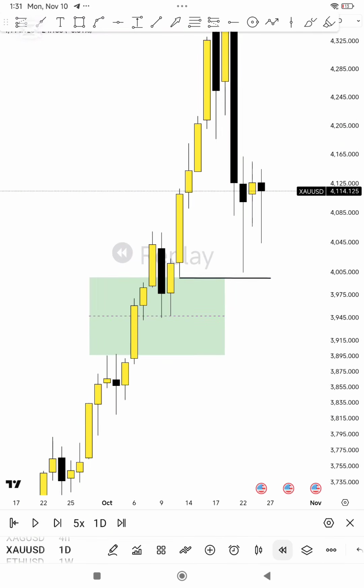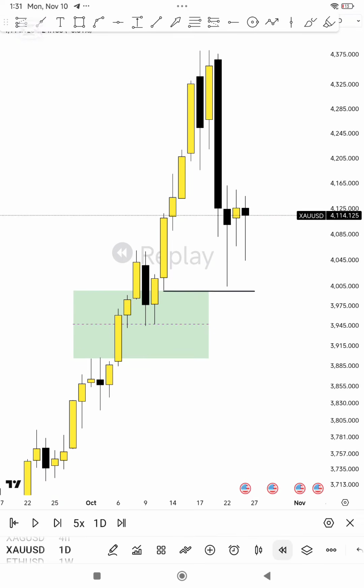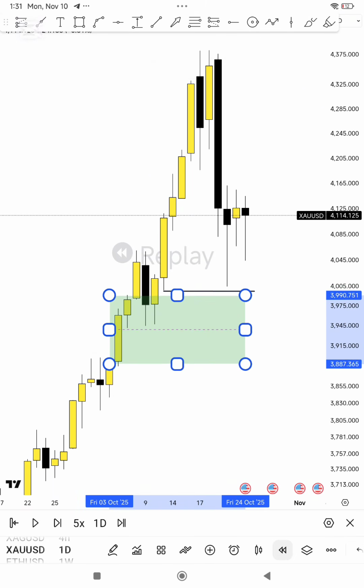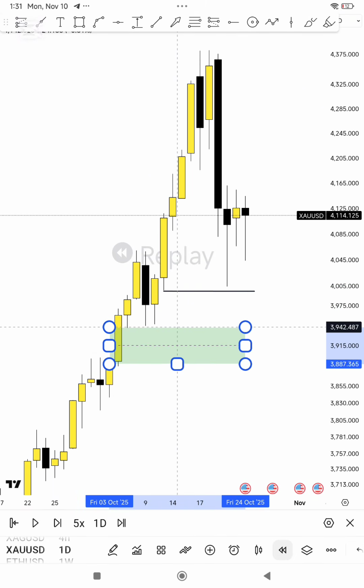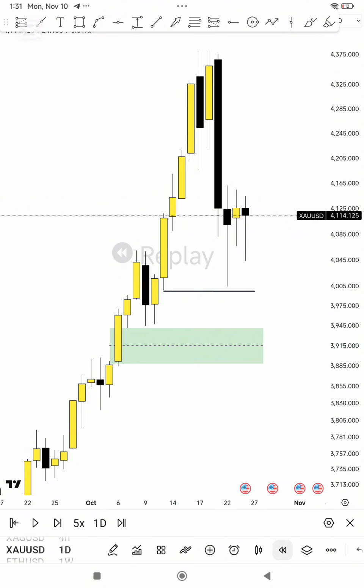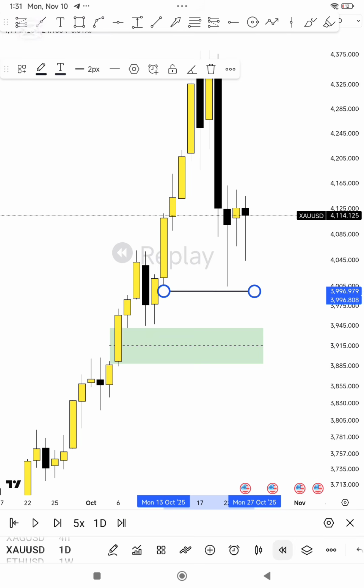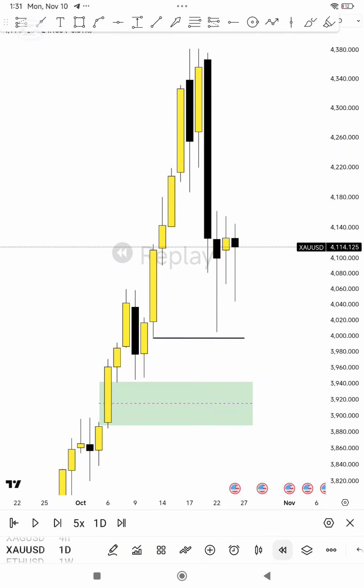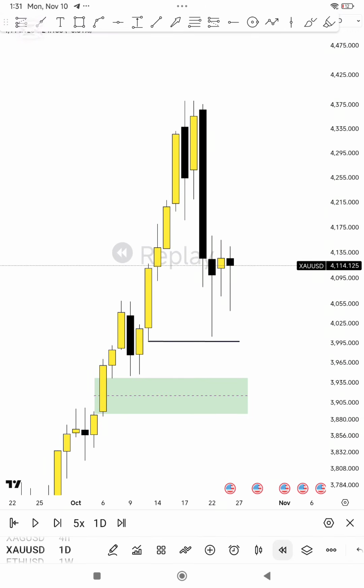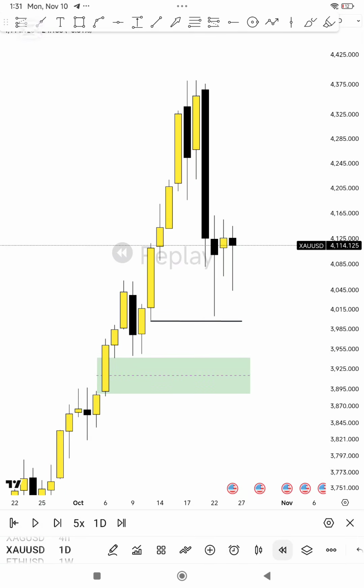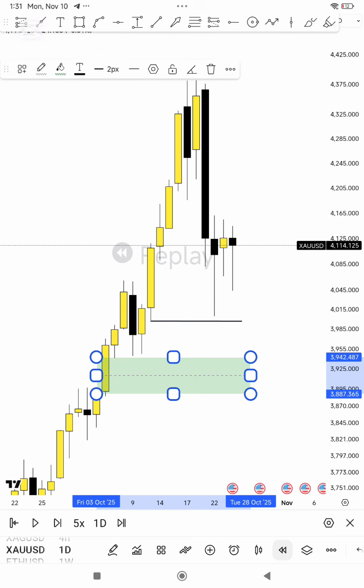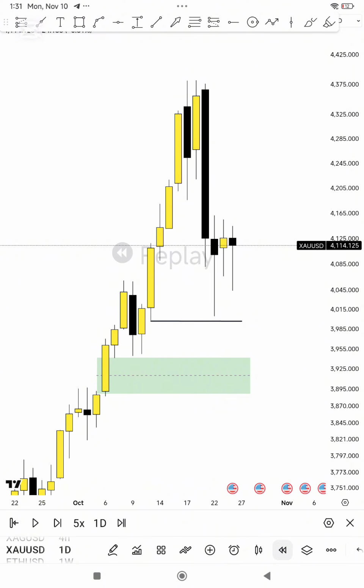Okay, alright, so here you can see we have an unfilled FVG here as well, and we have the liquidity of this candle as well. So what can we expect here? If the market comes down to this fair value gap, then here we can expect a retracement upside and a reversal as well.